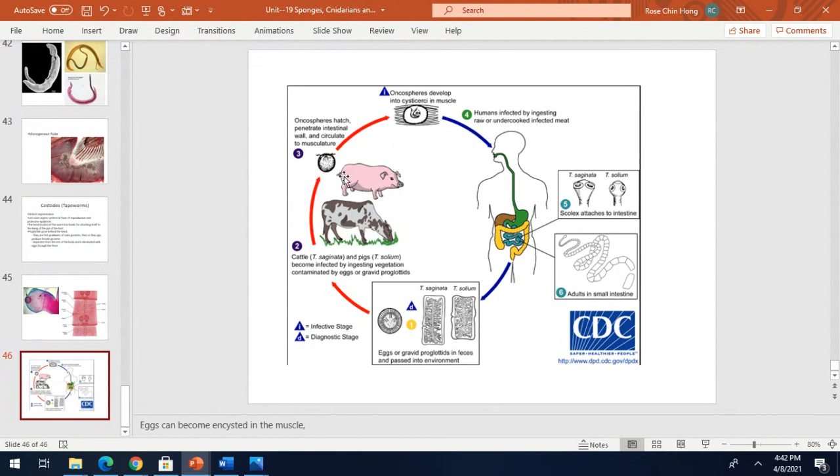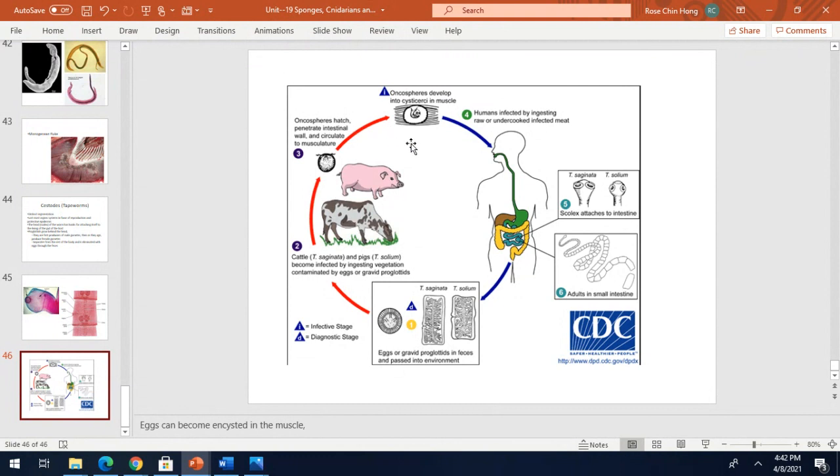These oncospheres would hatch in the pig or the cows, depending on the species of Taenia. And then it will penetrate the intestine wall and circulate to the muscles, which is in the meat of the pig or the cow.